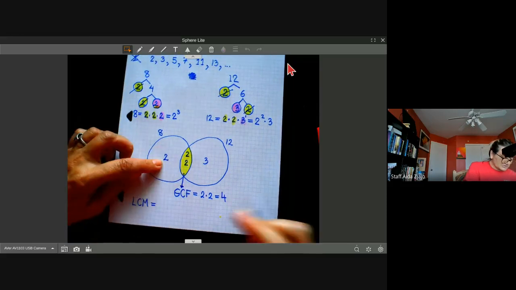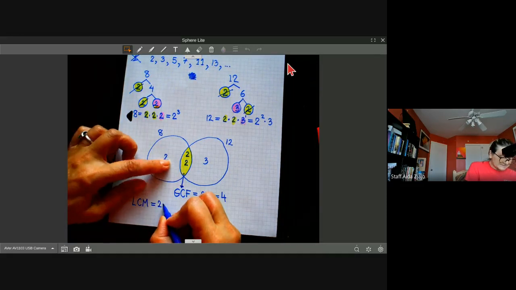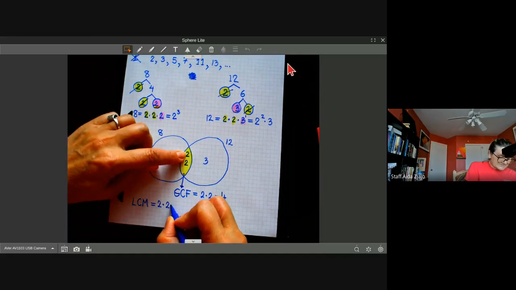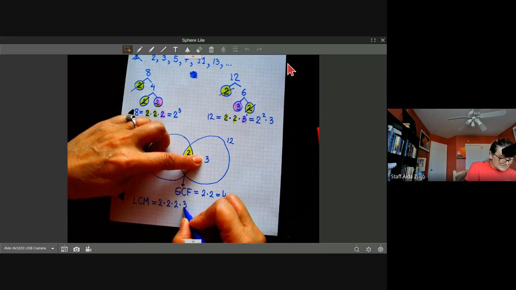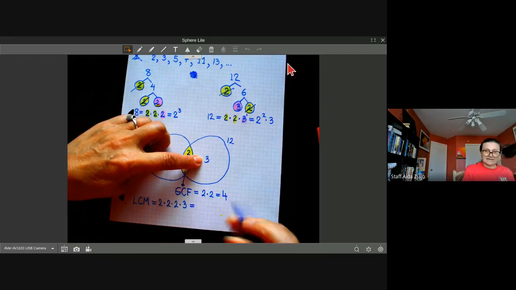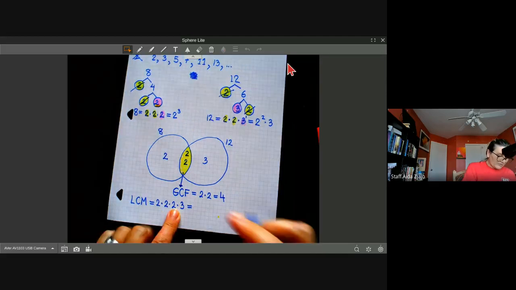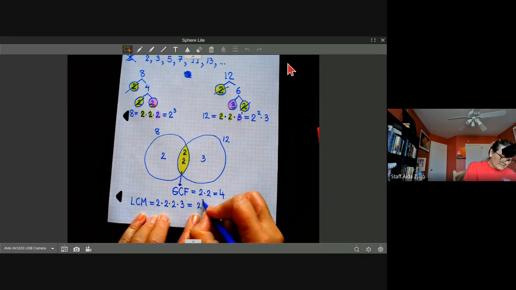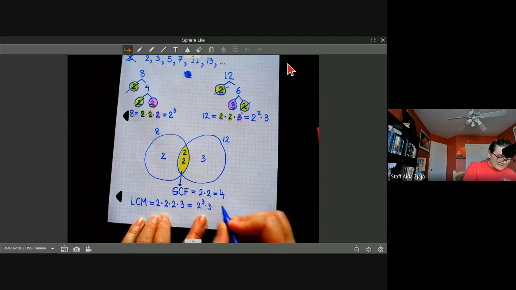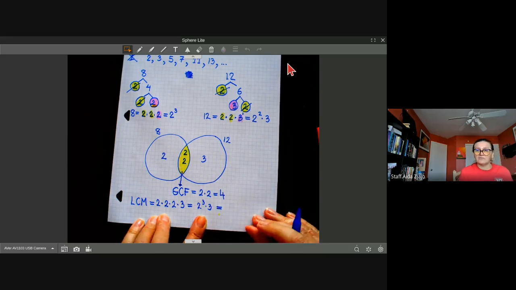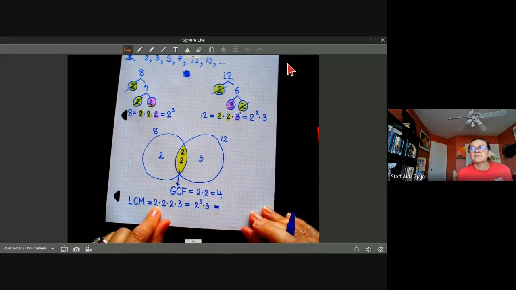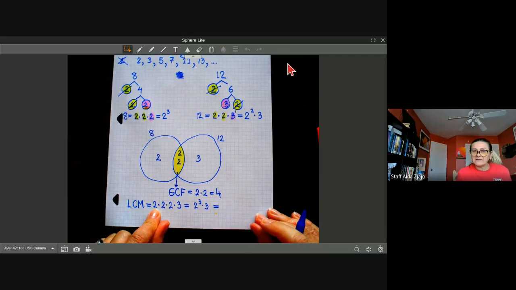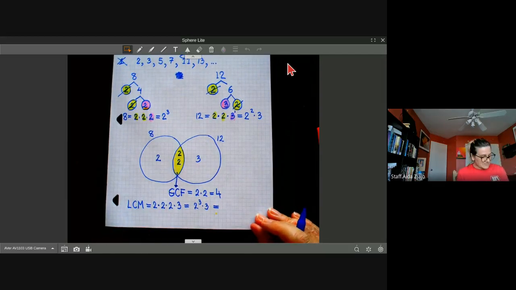So I have 2 times this 2 times this 2 and times 3. I can see that as 2 on a power of 3 times 3. But I can also figure out what that number is. Who can tell me what this number is? Okay. Kevin, can you multiply for me, please?